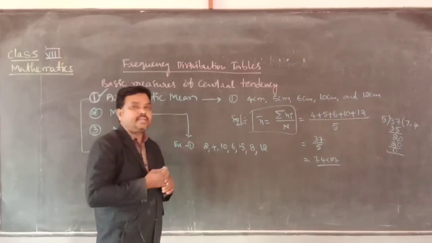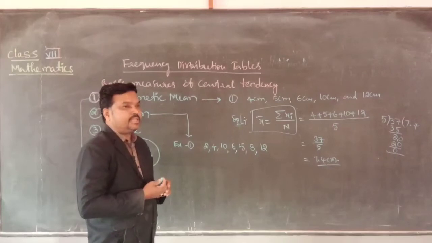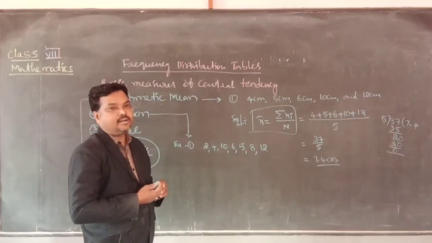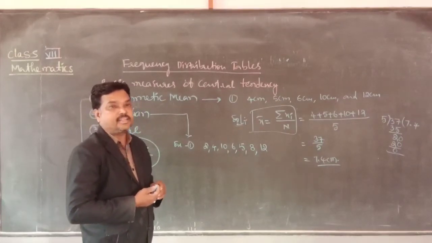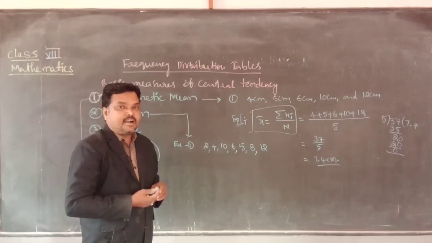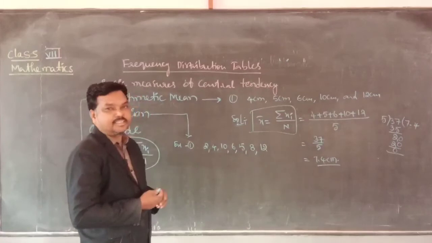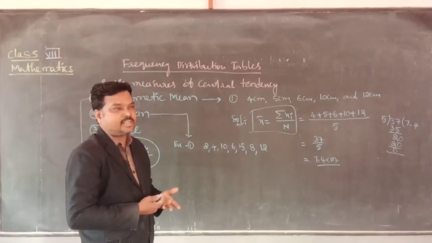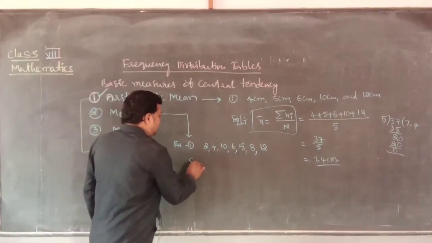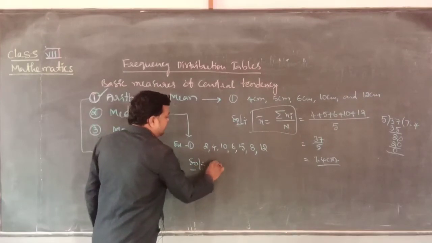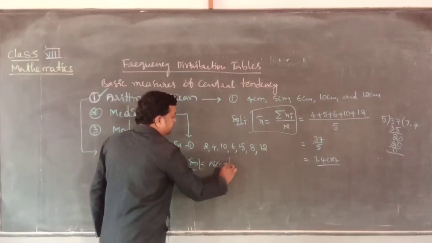The median is the most middle value of the data when the observations are arranged in increasing order or decreasing order. Increasing order means ascending order, decreasing order means descending order. See, I am going to write the ascending order.